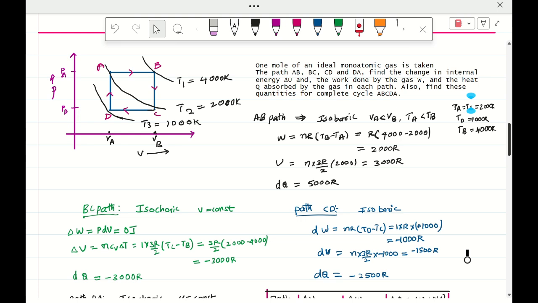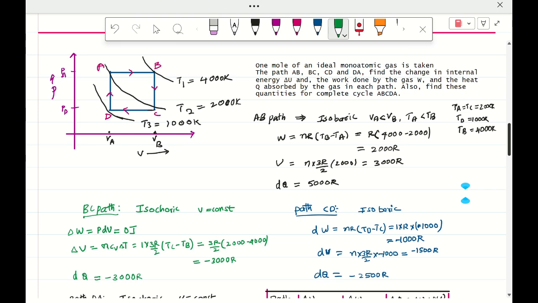And T1, T2, T3 are isotherms because they are parallel isotherms. So this process is isochoric, isobaric. D to A, volume is constant, VA, therefore isochoric. A to B, pressure is constant, that is PA or PB, pressure is constant, isobaric. Same for B to C, D to C.